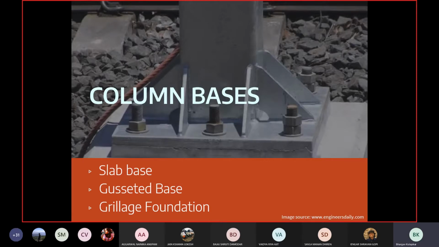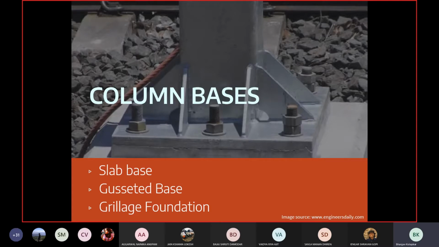Concrete inherently has resistance to corrosion. I mean, concrete does not corrode. The reinforcement in reinforced concrete does, and concrete protects it. Concrete provides a cover by virtue of which reinforcement is protected. So the rare examples that Shravan spoke about are the examples when we use what is called a grillage foundation.